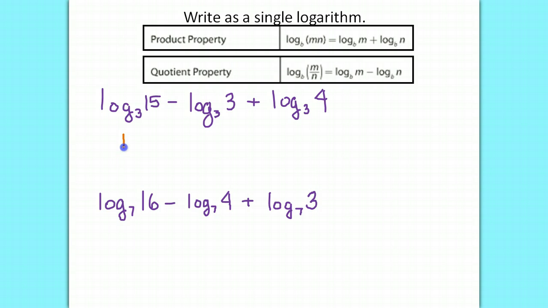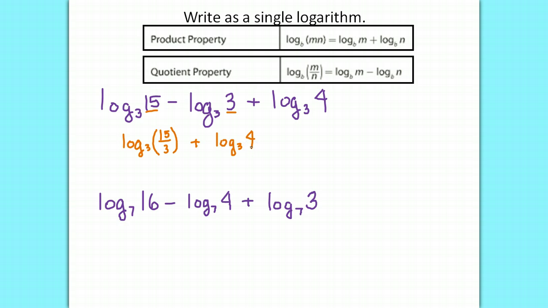So we would write this as log base 3, and then because the 15 is first, it goes up in the numerator, and then 3 is second, it goes in the denominator. And you can just put parentheses around that part, just like it shows here. Okay, and then I'll write plus log base 3 of 4, and we'll take care of that in a second.